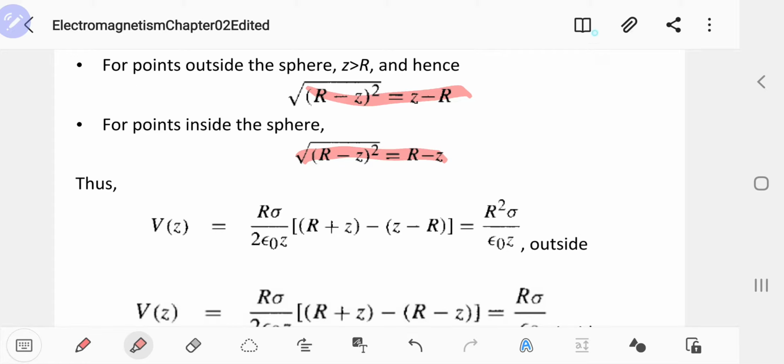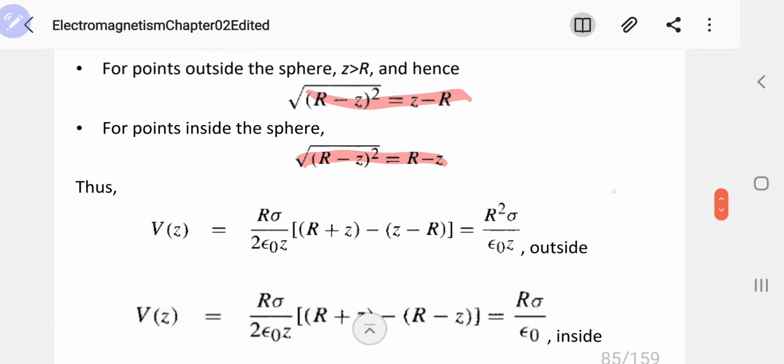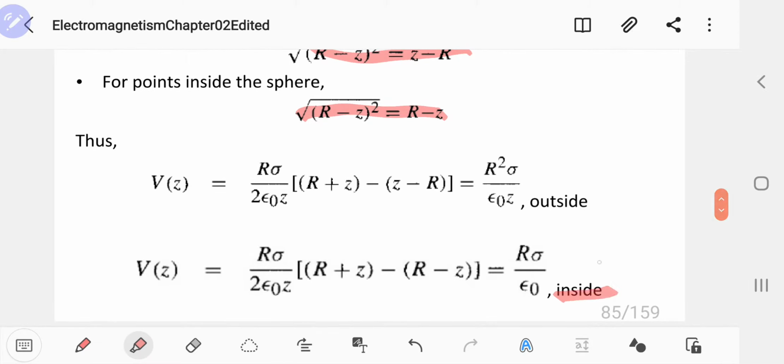So anyway, for the potential inside the square roots become this. This is for outside the sphere, and the other one is for inside the sphere. Be careful with getting the square root.